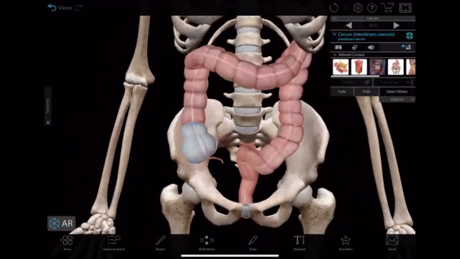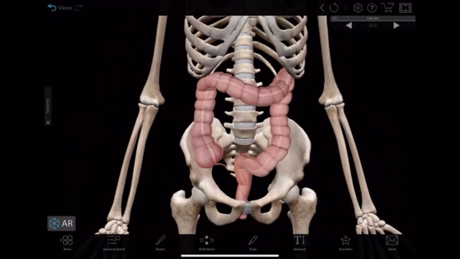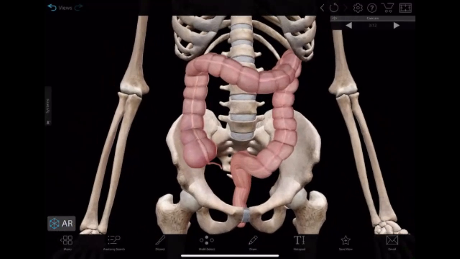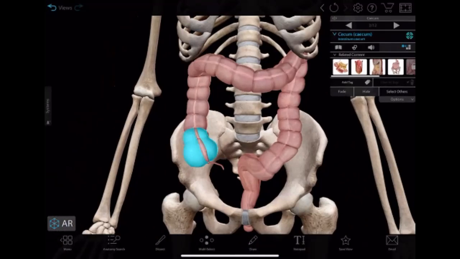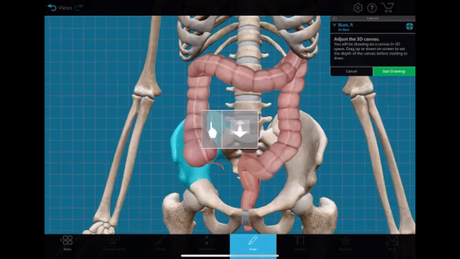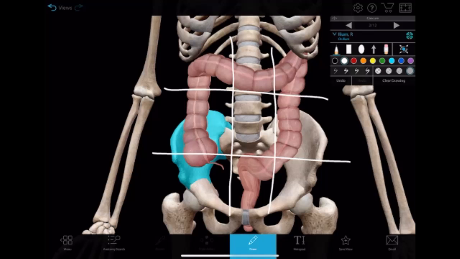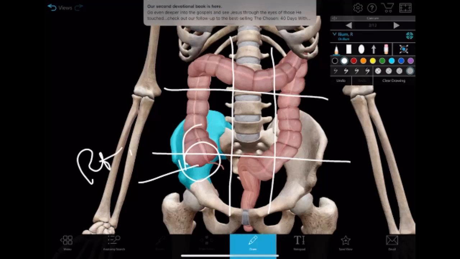You know the nine quadrants, so it is situated in the right iliac fossa. If we start drawing, this comes to the right iliac fossa.